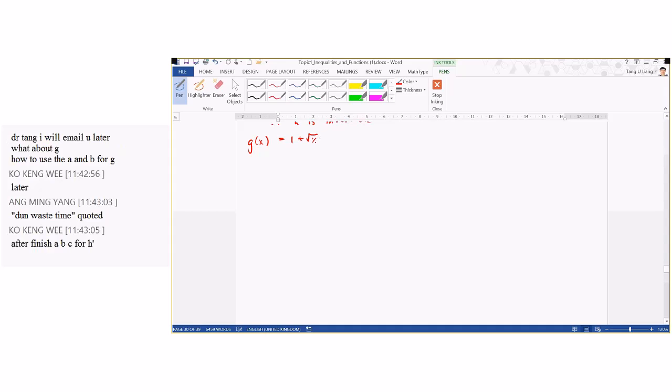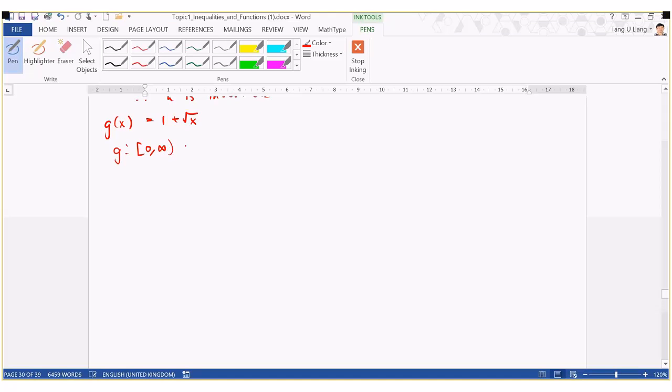What's the range of G? What do you guys think? What's the range of G? Yeah, 1 to infinity, including 1.